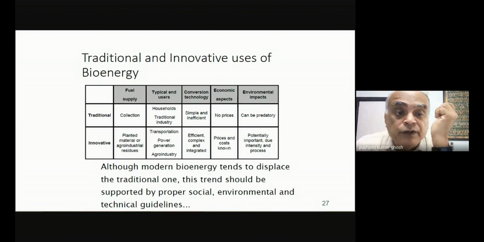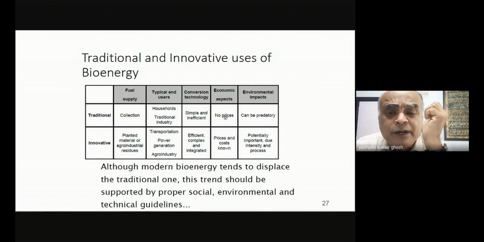Okay. Now, in terms of traditional, as I told you, people just went and collected it from wherever, and they took it and used it. Nobody asked them to pay anything. There were no prices for this. Whereas today, even if, let's say, in Haryana, they burn their crops and it generates a lot of smoke and all of Delhi is suffocating.